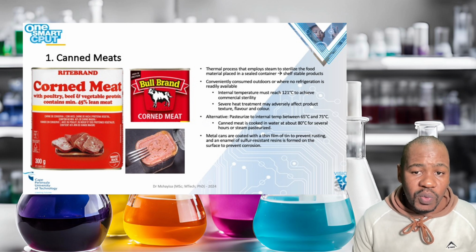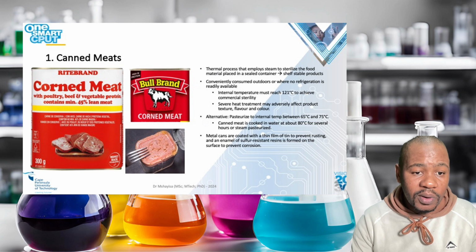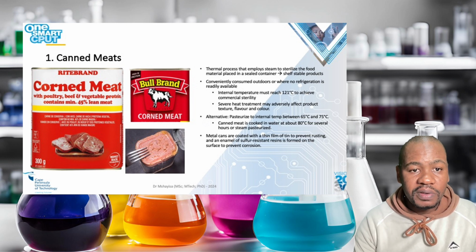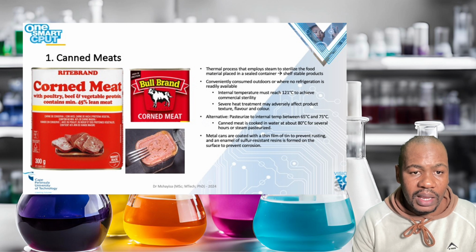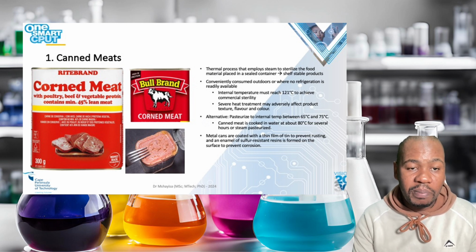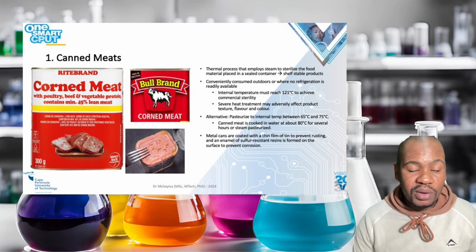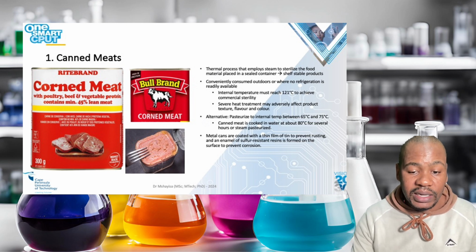So how do we achieve commercial sterility for these products? For these products, the internal temperature of the food must reach 121 degrees Celsius. This is important to ensure that harmful microorganisms, pathogenic microorganisms, and microorganisms that can produce spores and toxins are destroyed.